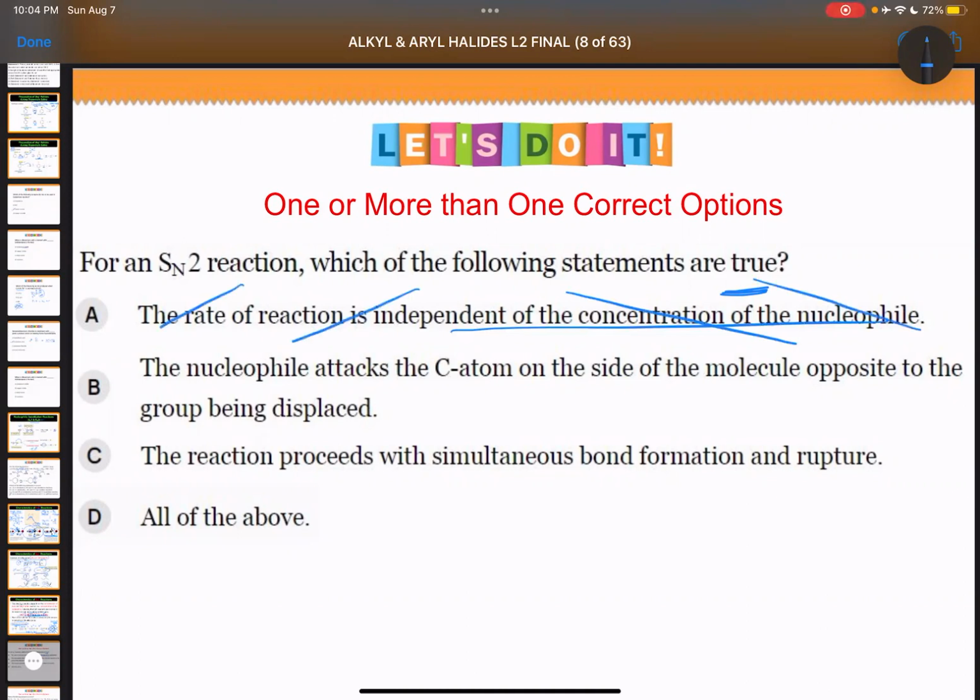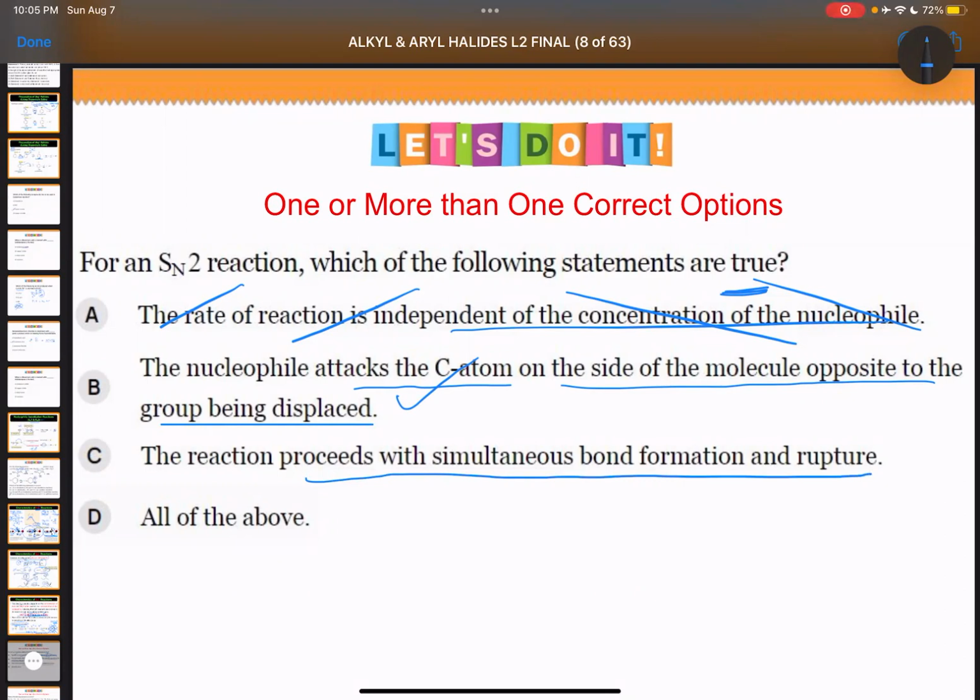It is incorrect. The nucleophile attacks the carbon atom on the side of the molecule opposite to the group being displaced, the side opposite to the leaving group. Yeah, this is correct. And that's why the Walden inversion happened. That's why the inversion of configuration happened. Okay. The reaction proceeds with simultaneous bond formation and rupture.